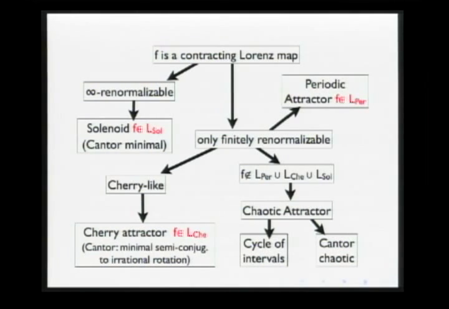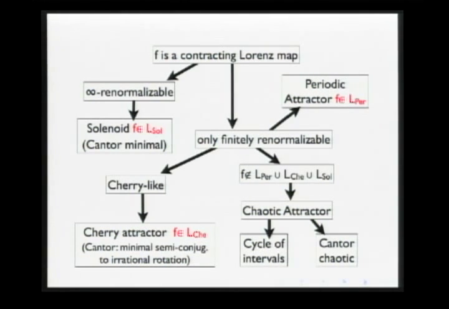So this is the strategy we use, what we just described. If you have a contracting Lorenz map, it can be infinitely many times renormalizable, which gives us a solenoid, or it can be finitely many times renormalizable. Then you have a periodic attractor, 1 or 2, or a cherry-like, if it's semi-conjugated to a gap map.